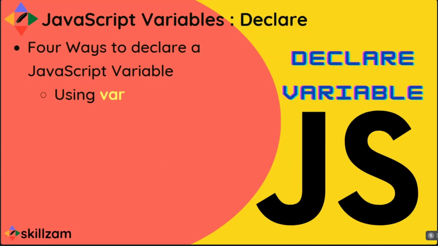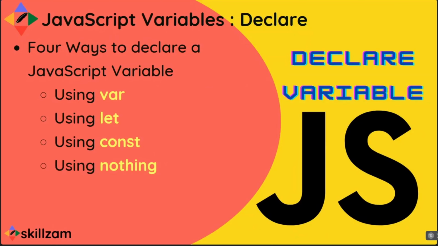You can also declare a variable using var. You can use let, const, var, and also nothing. Even that is acceptable. You can not use anything and still declare a variable.